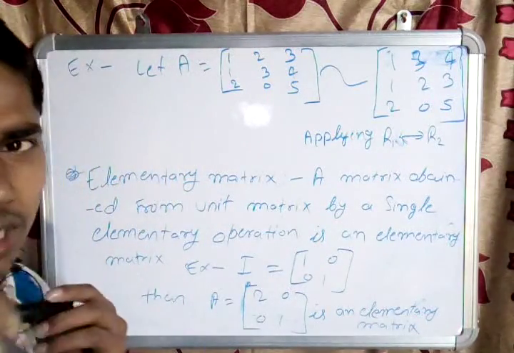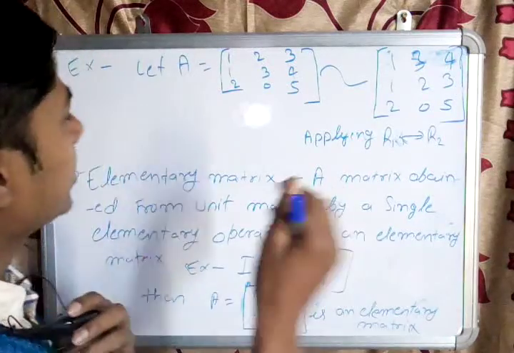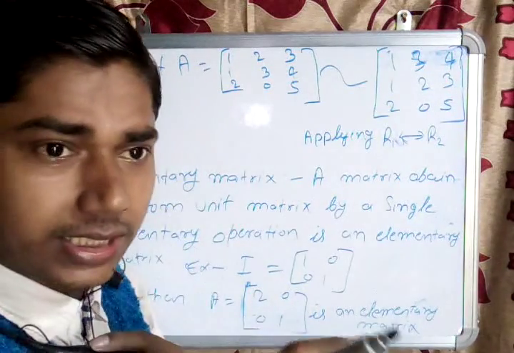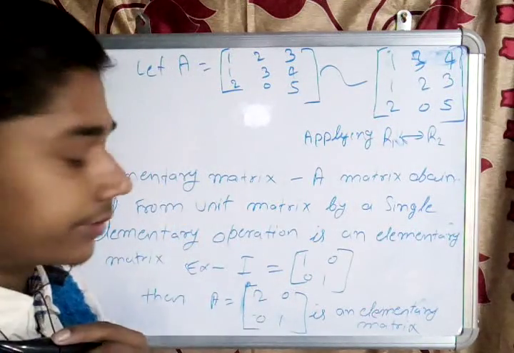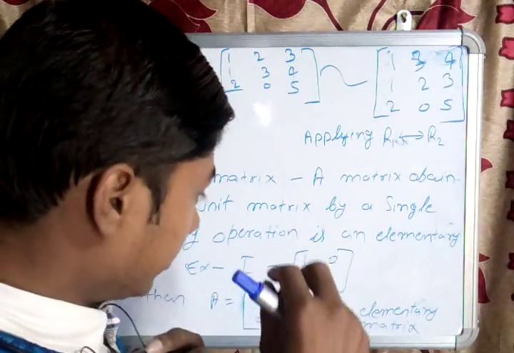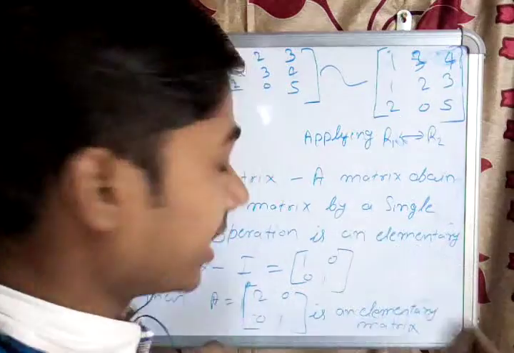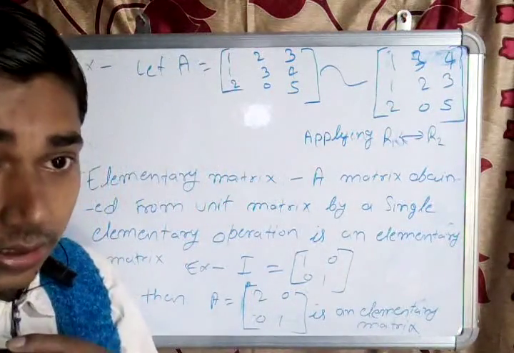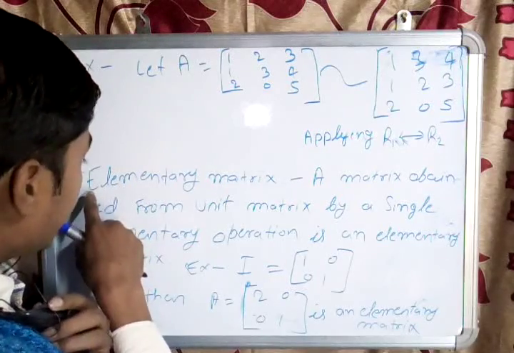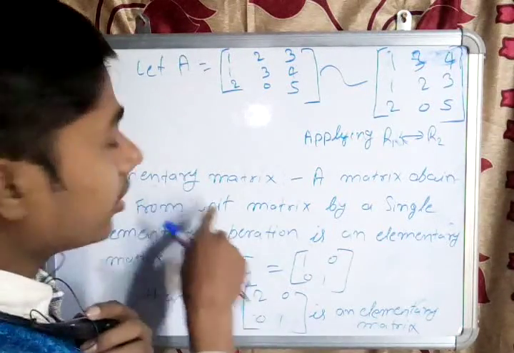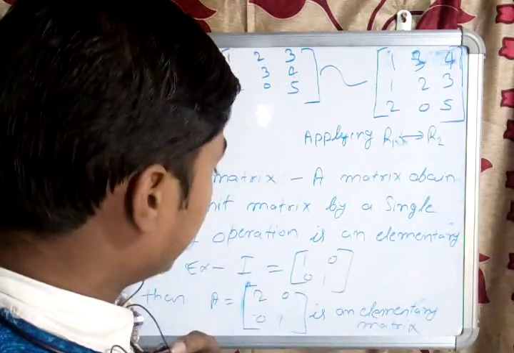We choose any single number, like 2 or 3, and apply it in this matrix. Then we get the result. These matrices are called elementary matrices.